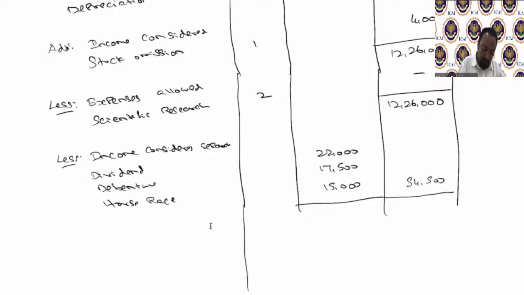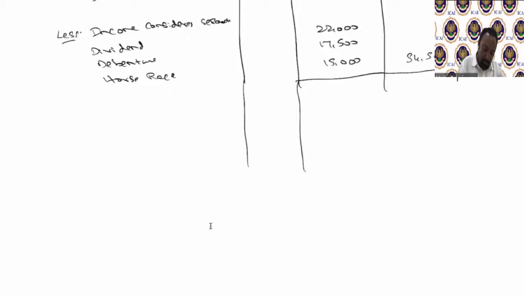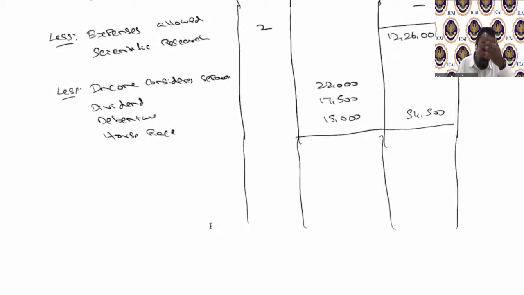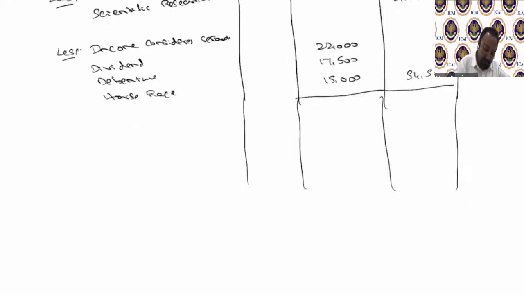So with that, you get 12,26,000 minus 54,500. That's 11,71,500.